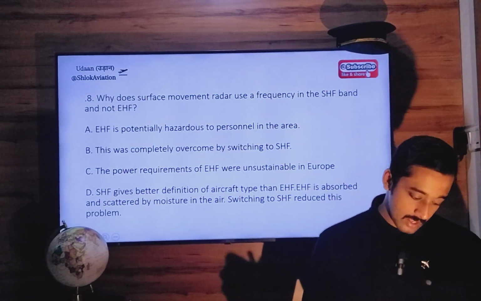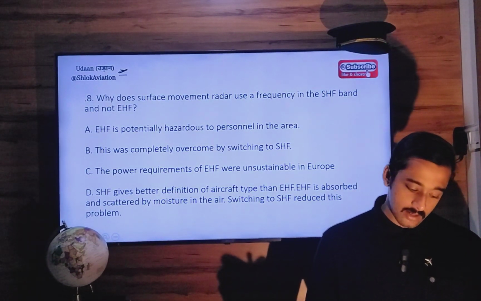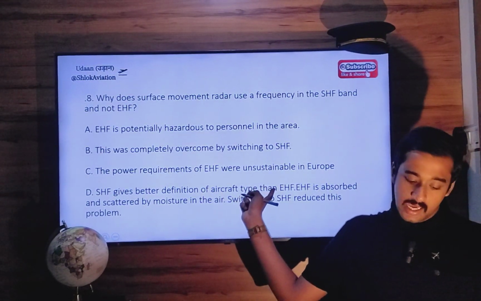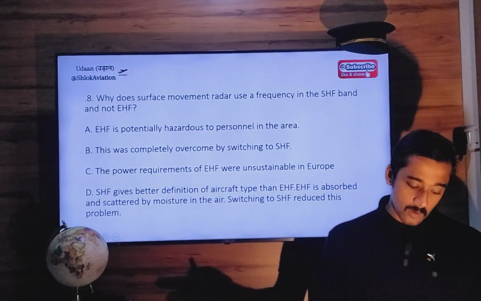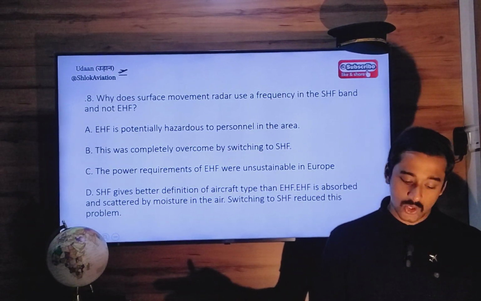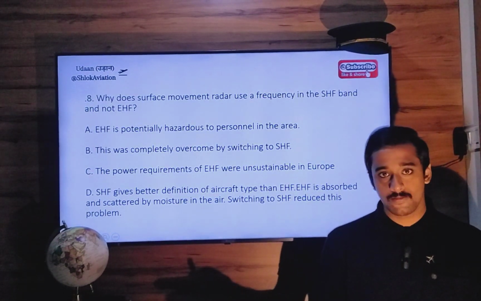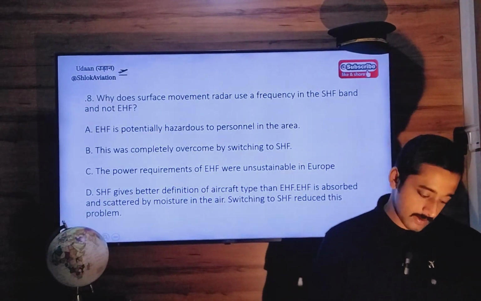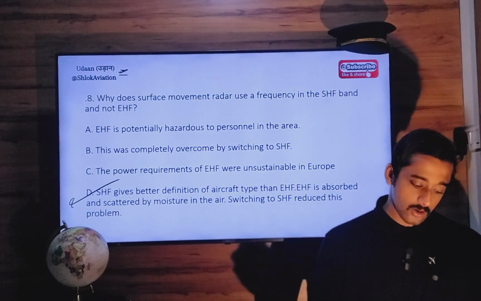So super high frequency gives better definition of aircraft type than EHF. EHF is absorbed and scattered by moisture in the air. Switching to super high frequency reduces this problem, doesn't eliminate it completely, reduces it. So delta is the correct option.